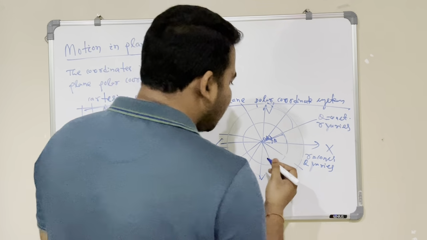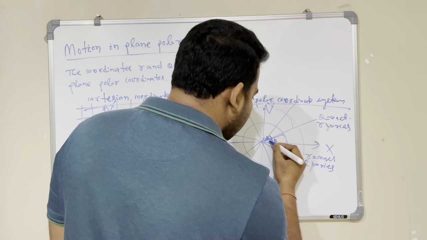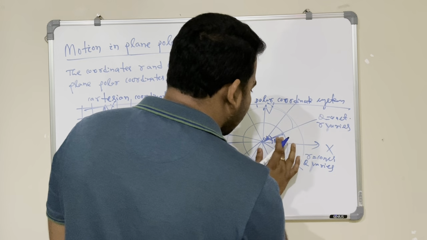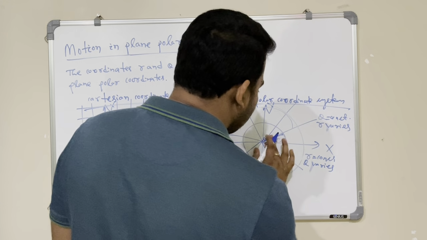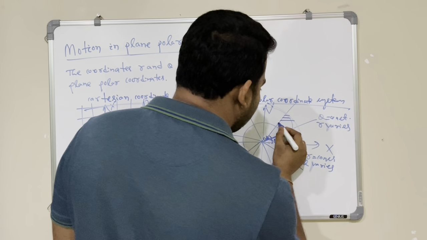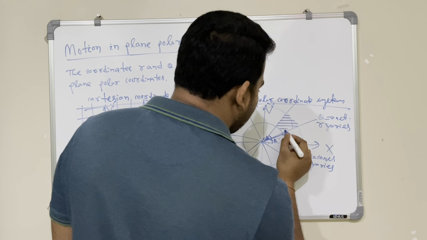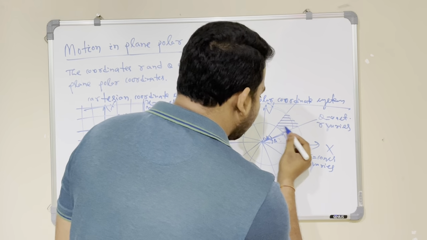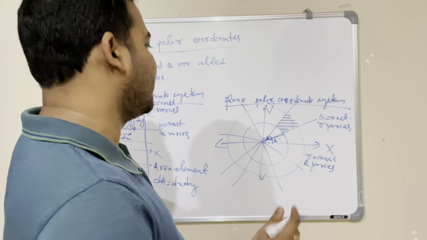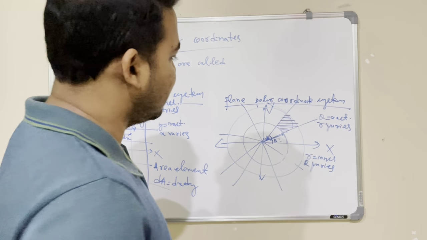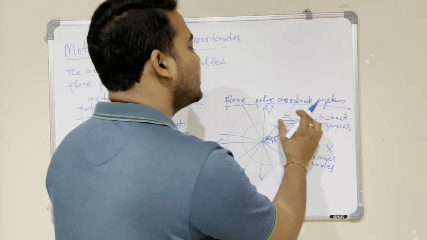If this is d theta, let's say the distance here is r. Let's say this is the grid. Okay, so we have to calculate the area of this region. This is the area element. Any such region is the area element. We have to calculate the area of this small region.